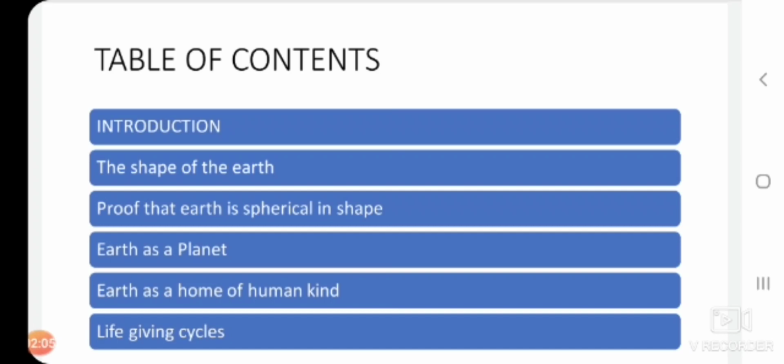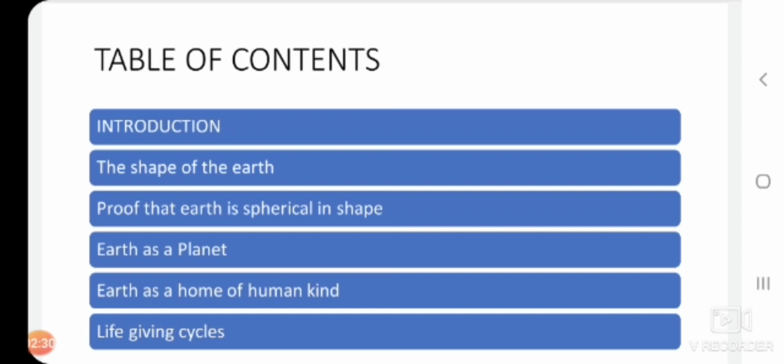This is the only reason. So it is also called the watery planet. There can be a question, why is it known as a watery planet? So what will be your answer? It is nothing but 70% of its area is covered by water, so it is known as the watery planet.